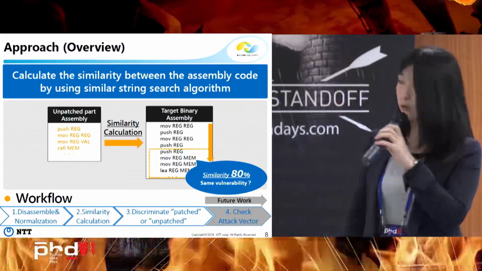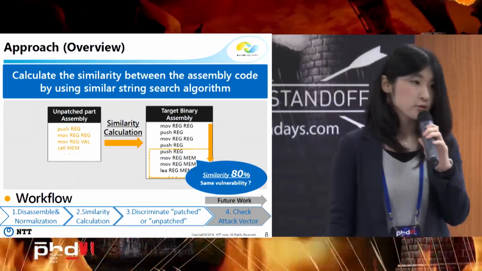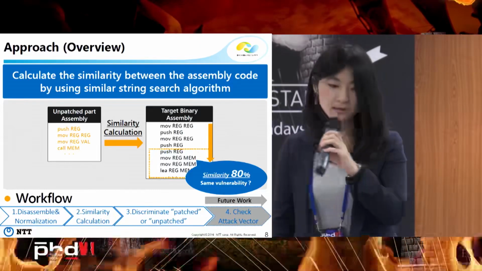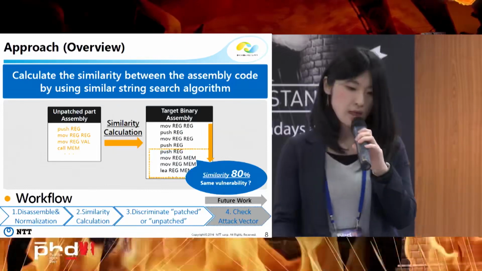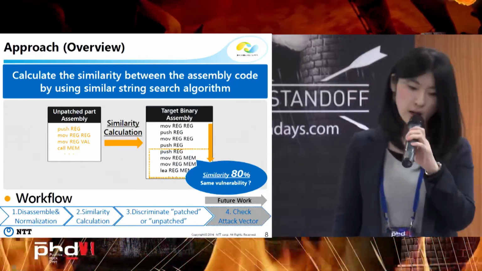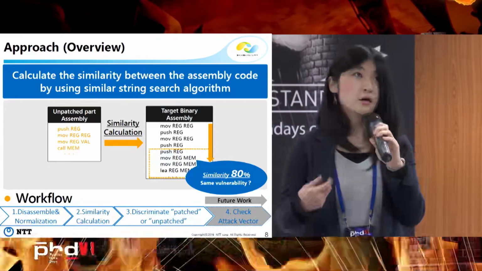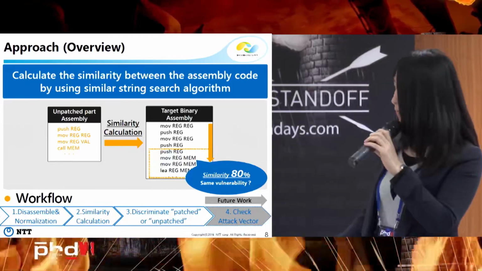The workflow for this approach has three steps. The first is disassembly and normalization of the assembly. The second step is the similarity calculation between the assembly. And the third is the discrimination of whether the highly similar part is a patched or unpatched part.